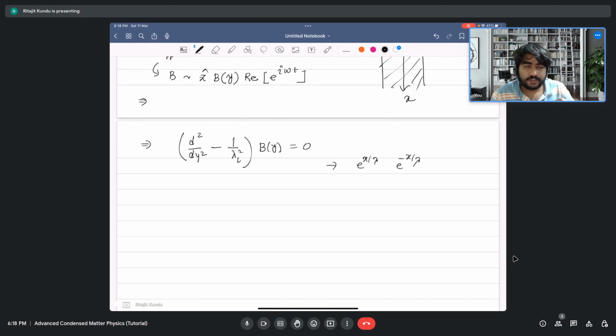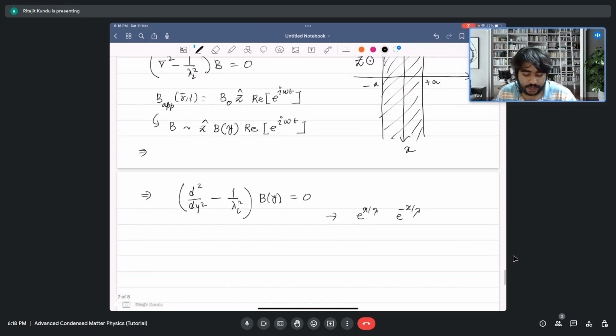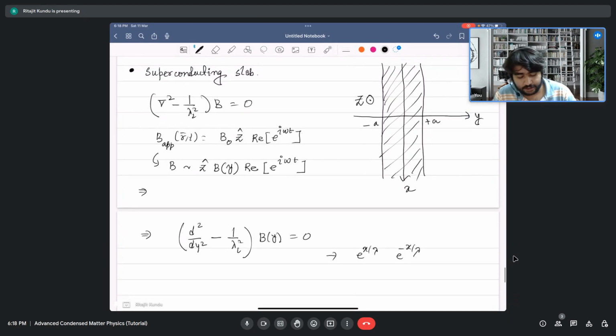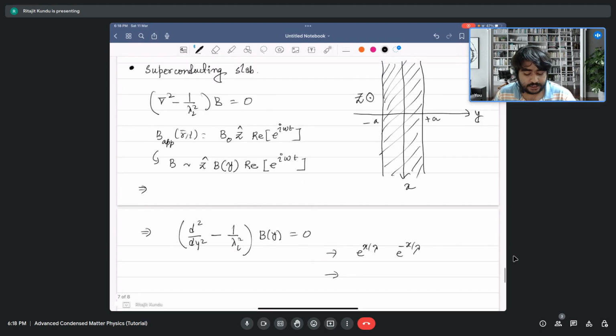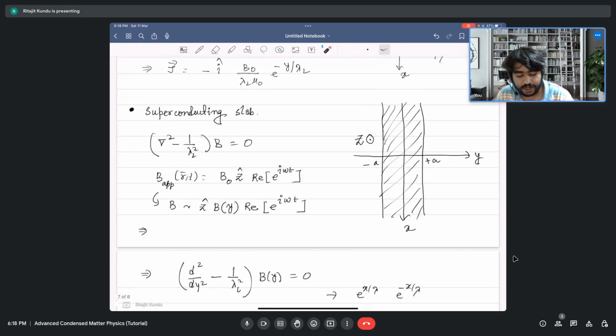But for this particular problem, we can take the help of symmetry, and write this linear combination in terms of sine and cosine type functions. Because the problem at hand has this even symmetry, we can take even or odd solutions.